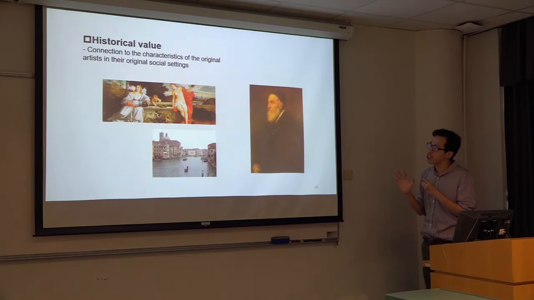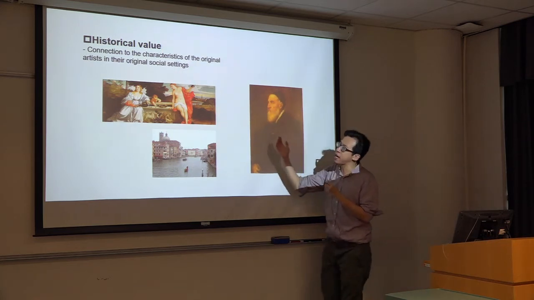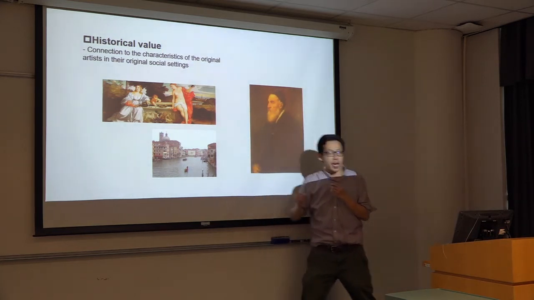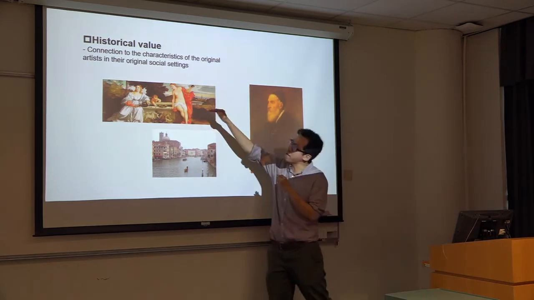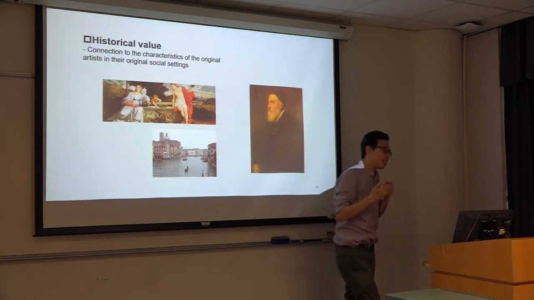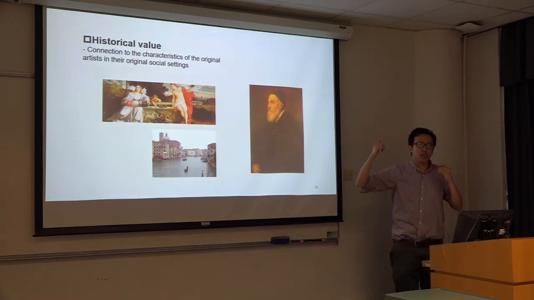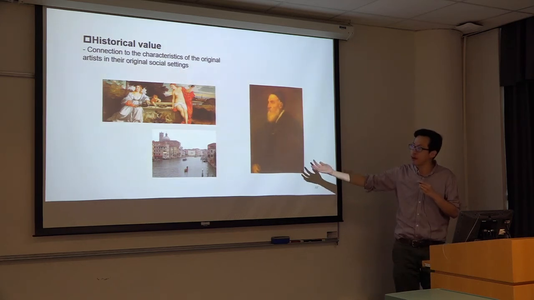Another value that I need to talk about is the so-called historical value. Historical value is somehow related to aesthetic value, but has a more specific meaning. Historical value means we need to understand the general contemporary background of the artifact or cultural heritage.